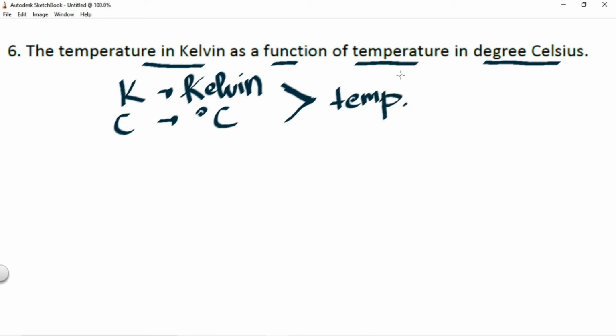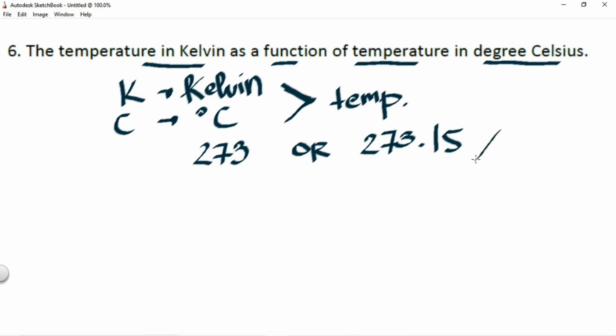From our basic science or basic chemistry, we often use this constant 273, or for others 273.15. However, both of these constants are still correct. You may use any of these two.